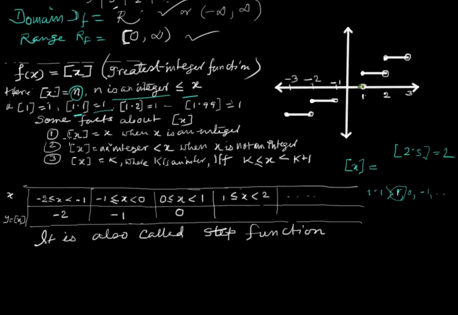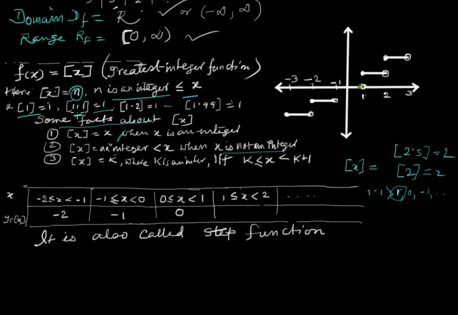Here are some facts about the greatest integer function. For a real number x, the value is x when x is an integer. That is, box of 1 is 1, box of 2 is equal to 2. So when x is an integer, we get the same value x, but if x is not an integer, box x is the integer less than x.